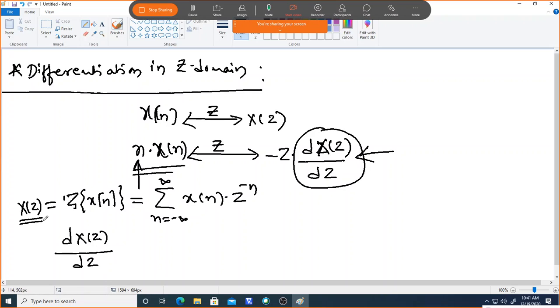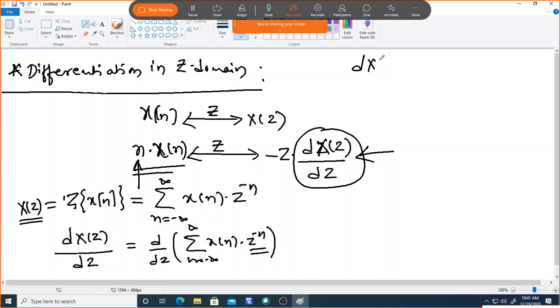I am differentiating both sides: X of z, and also d by dz of the whole expression, that is the summation n equal to minus infinity to plus infinity x of n into z power minus n. Since we are differentiating with respect to z, wherever the z parameter is there, we have to apply the differentiation. So what you will get?